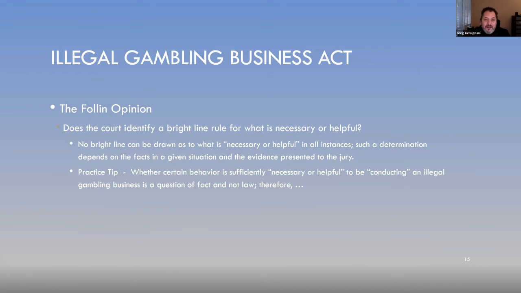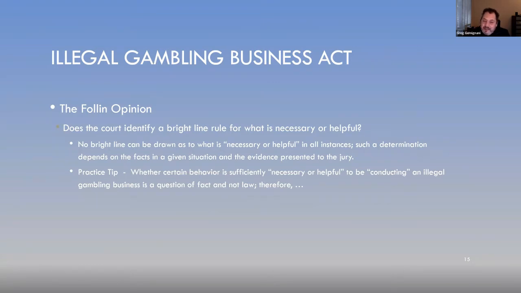Now, at the district court level, it appears that Ms. Fallen may have been running her own side business to the casino to bring players luck, but that doesn't come up in the appeal.